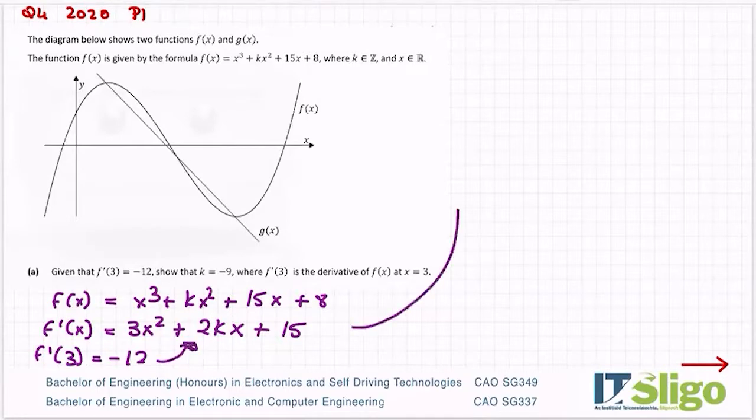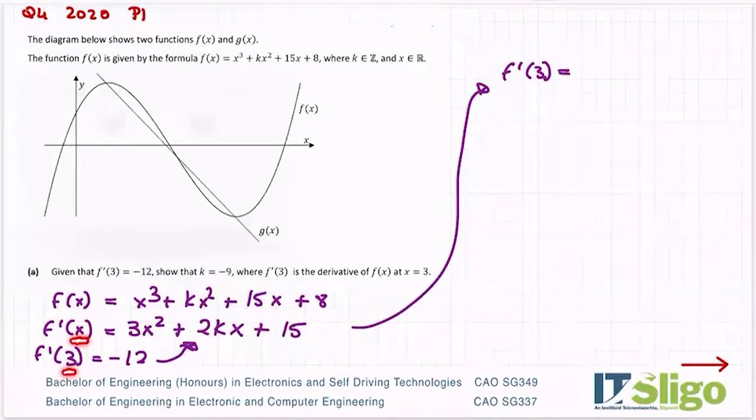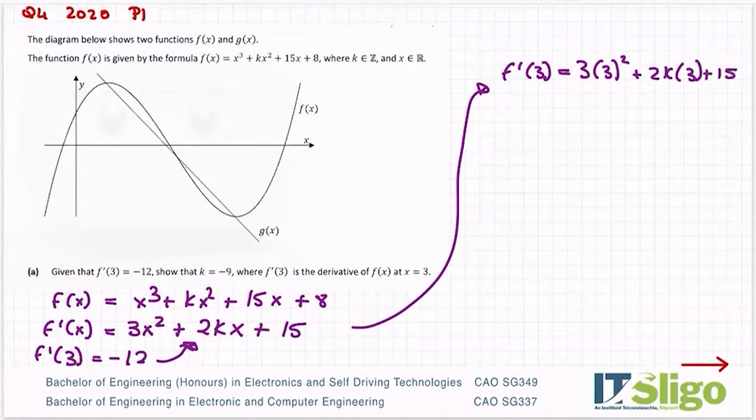Okay, so I'm going to come up here now and look at f dash of 3. I'm going to put 3 in that bracket, then that means that all of the x's here get replaced by 3. So I'll have 3 times 3 squared plus 2k times 3 plus 15.